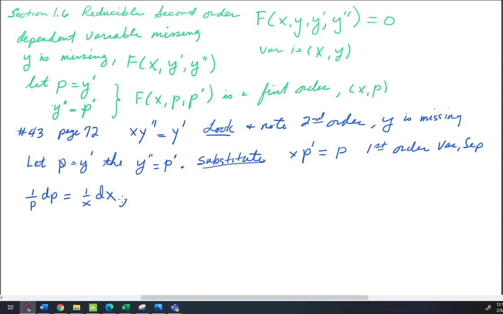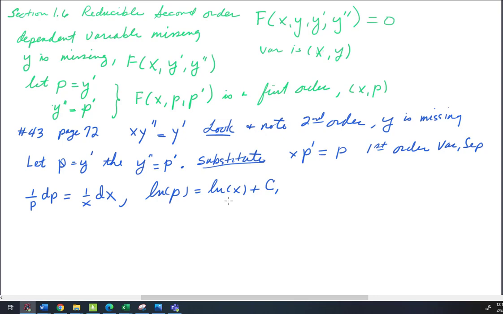So after we separate the variables, the next thing we would do would be to integrate the left-hand side and the right-hand side, and we would get a natural log of p is equal to a natural log of x plus a constant. I'm going to call that constant C1, but you could call it uppercase A, and you'll see that in the textbook they do use an uppercase A, but in either case it's an arbitrary constant.